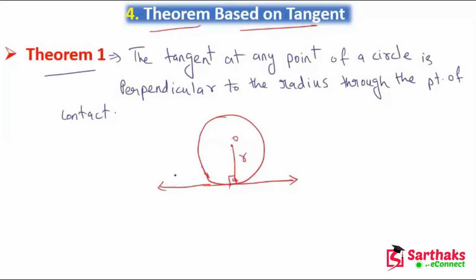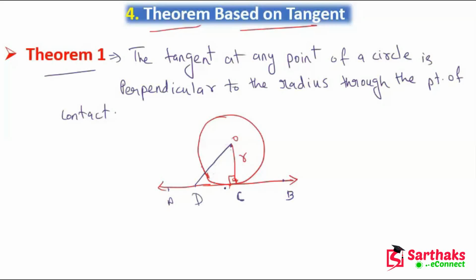This point is A, this point is B, and this point is C. Now take a point D on tangent AB other than C. We have to take the point D anywhere except point C. So let's take the point D here. Now join OD.